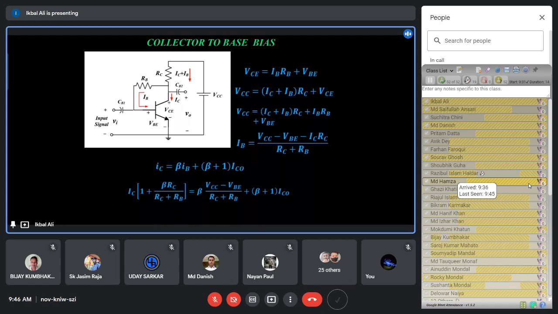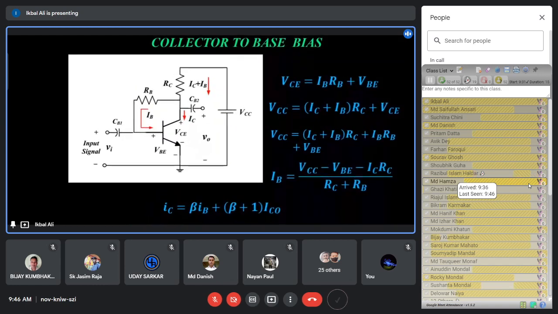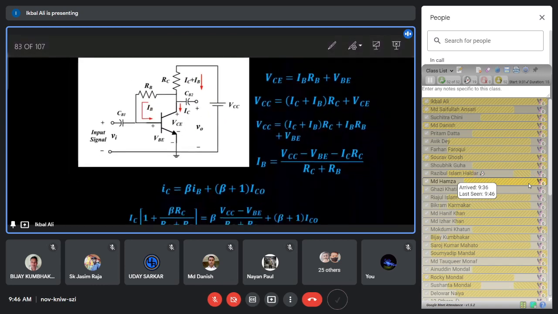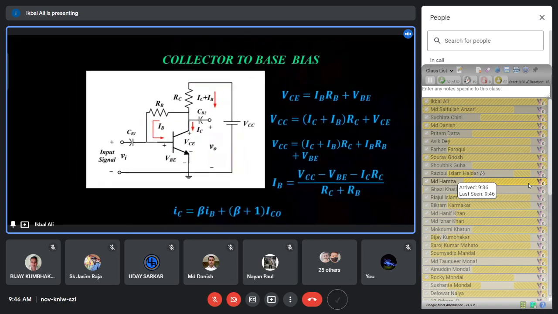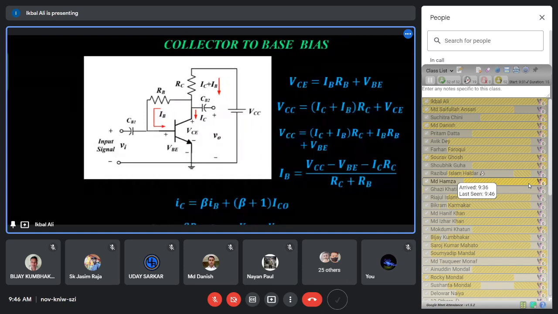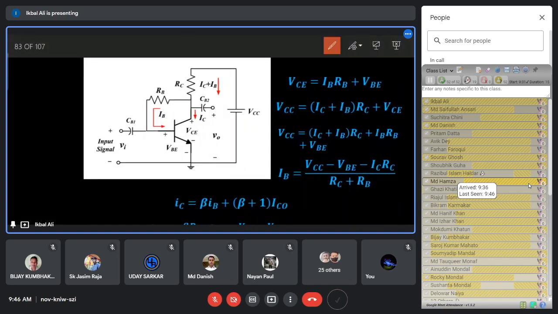Now, for the collector to base bias circuit, just as with the fixed bias circuit, we will analyze this circuit a little bit. The process is the same, but the analysis and the resulting equations will be slightly different, because RB is now connected between the collector point and the base point.